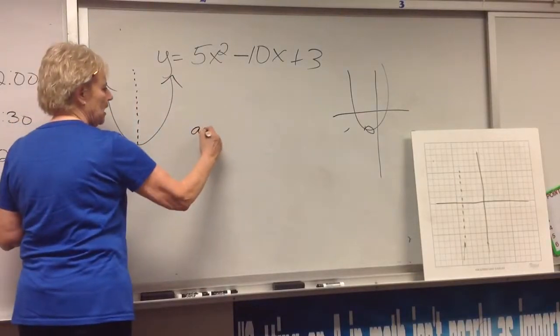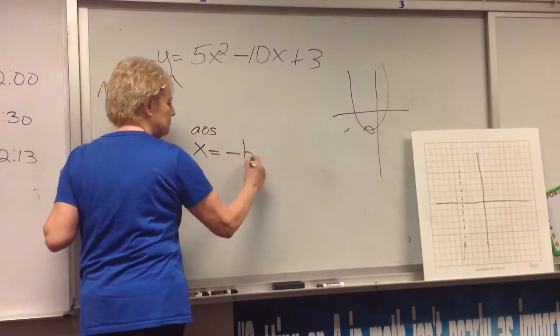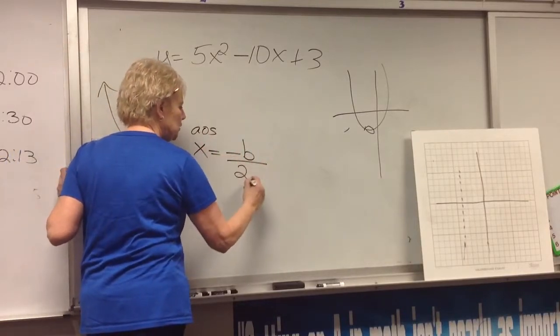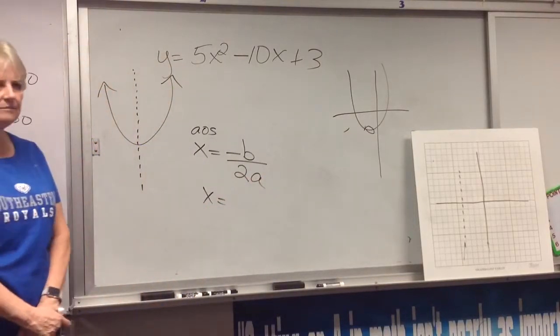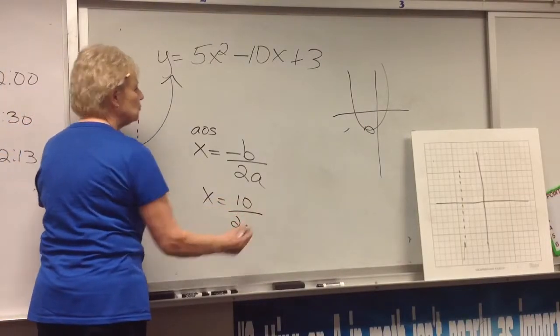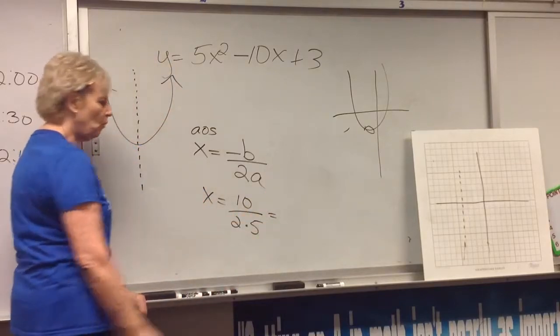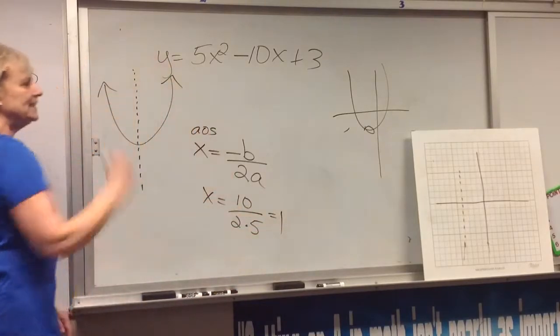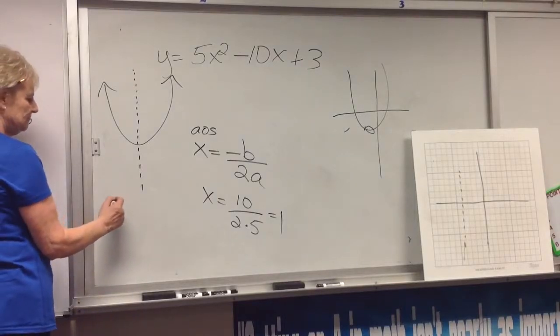The axis of symmetry is x equals the opposite of b over 2a. What's the opposite of b? 10. 2 times what? 5. What's the axis of symmetry? 1. Plug 1 in and tell me what the vertex is.